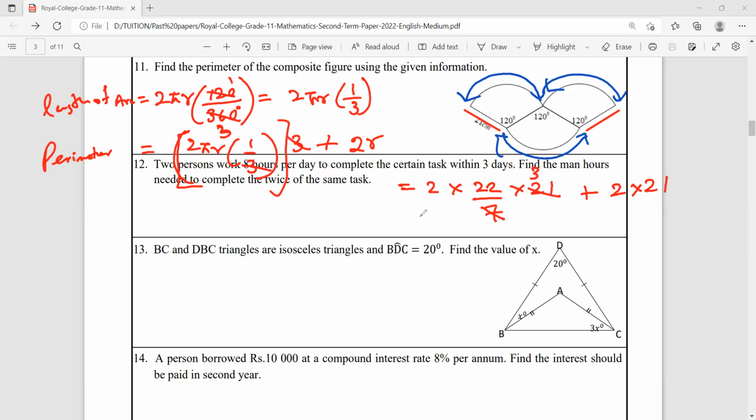You get like this: 6 into 22 plus 41. So you can do it this way. 6 into 2 is 12, 1 is remaining. 6 into 2 is 12. And plus 132 plus 41. Then you get 1 plus 2 is 3, 4 plus 7, and 173 centimeters is the perimeter of this composite figure.